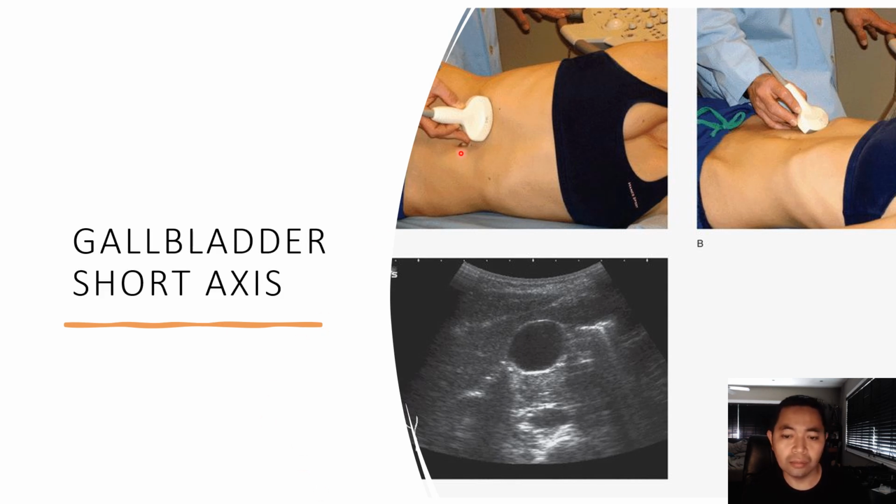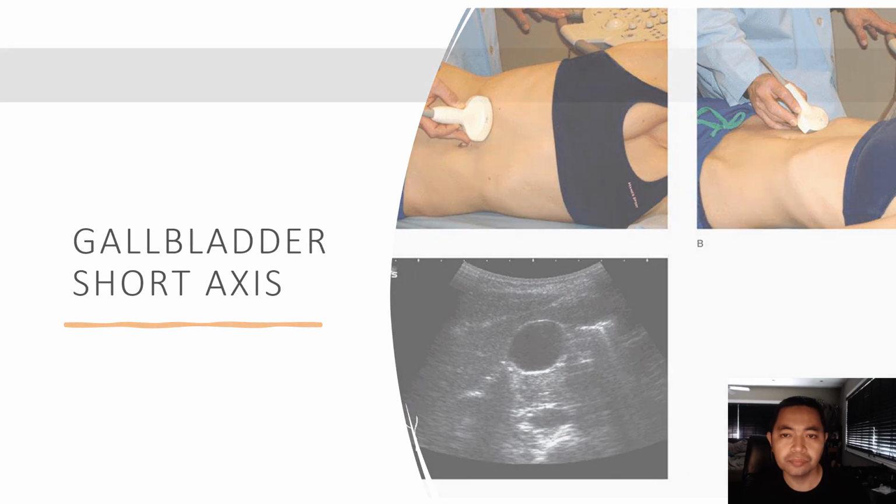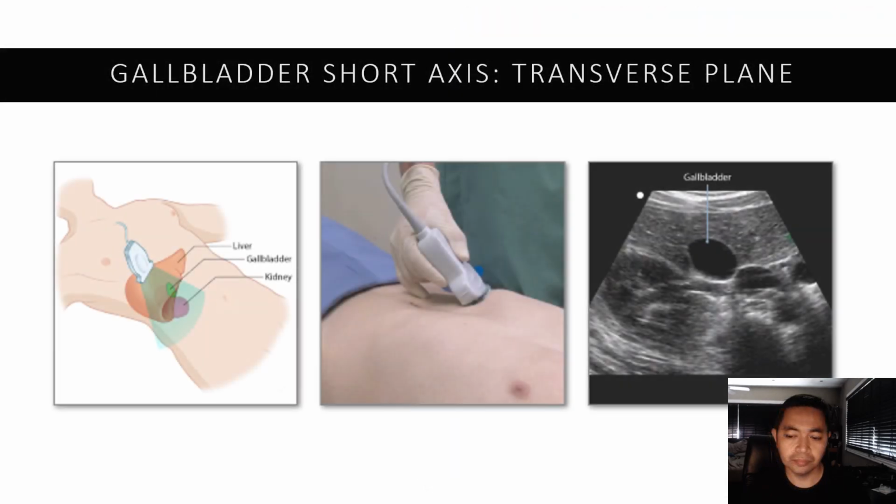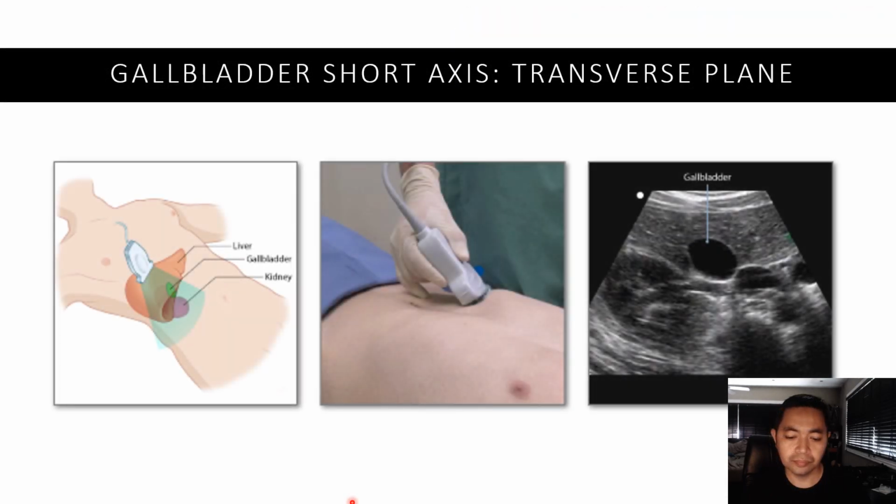After seeing the gallbladder in the sagittal plane, one can now rotate the probe 90 degrees counterclockwise to scan the transverse plane. This is the typical transverse view image that is obtained with this probe orientation.